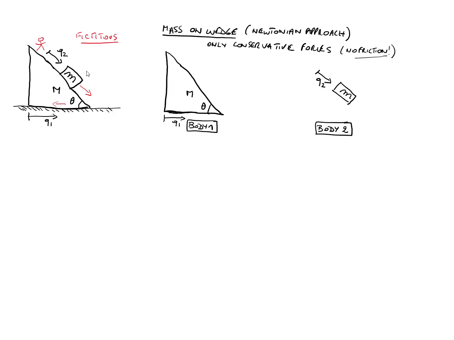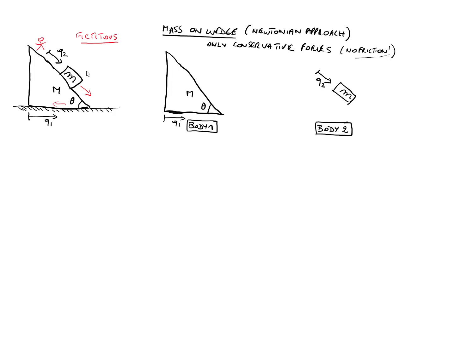Okay, in this body I'm only interested in the direction of Q1, so I'm not interested in the orthogonal direction. This means that I will not draw all forces, because they will not have any influence.